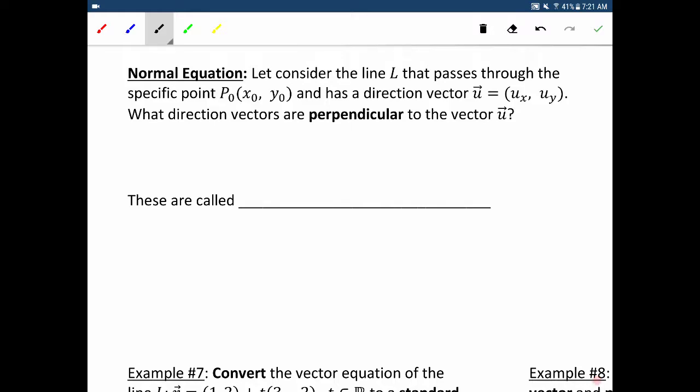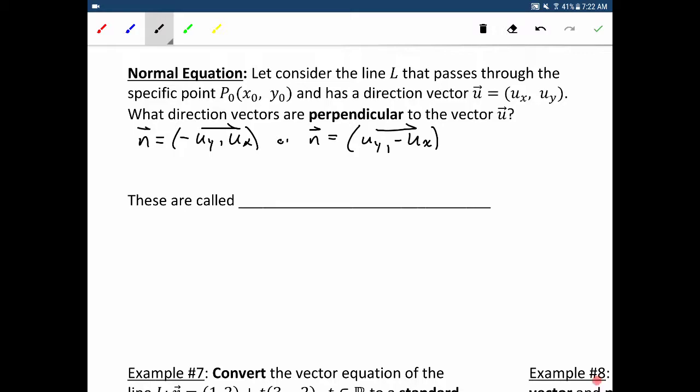Well, remember, we can use the idea that if we were to just switch the coordinates, so in other words, I would have negative uy, ux, or uy, negative ux.